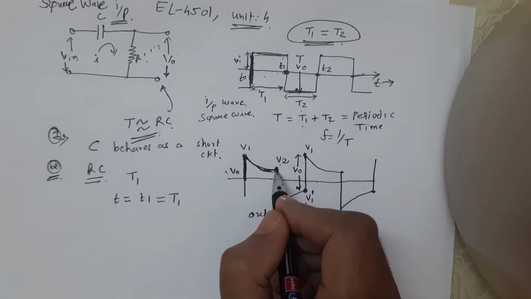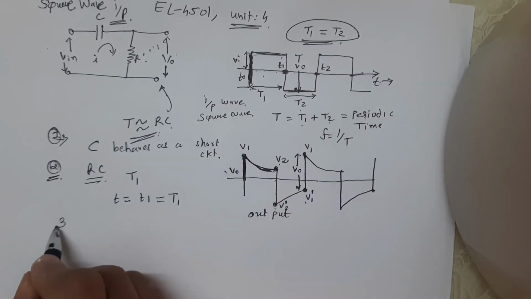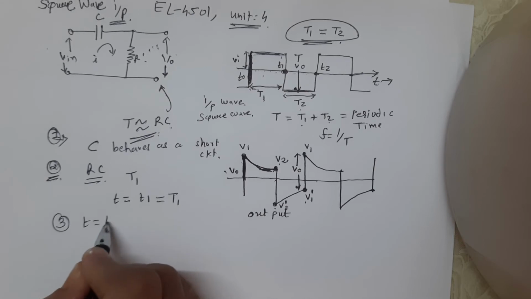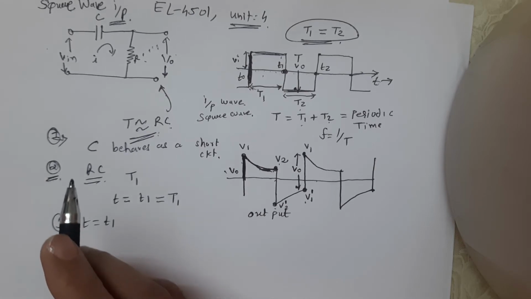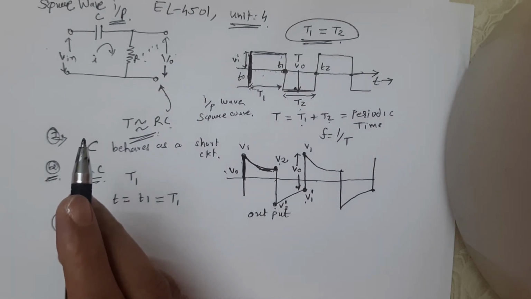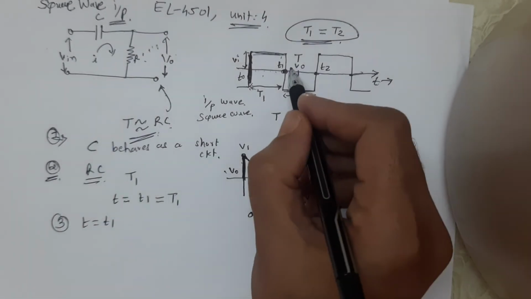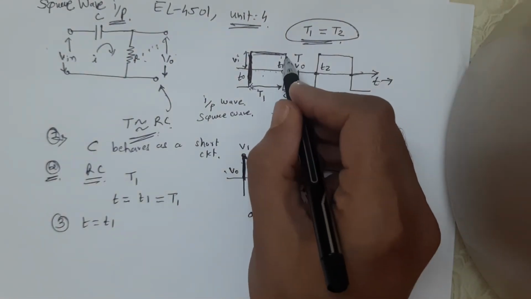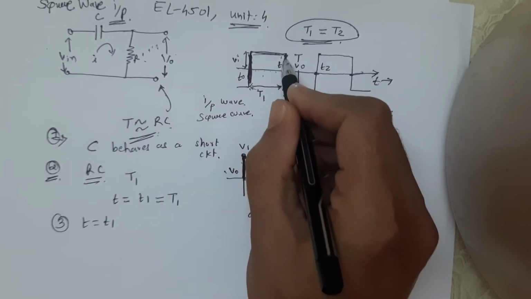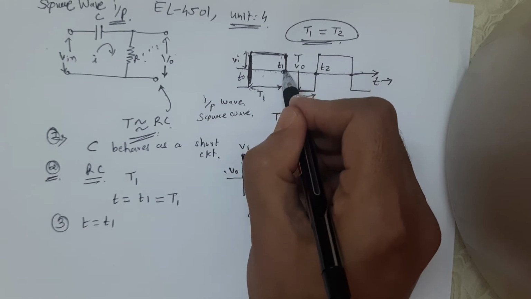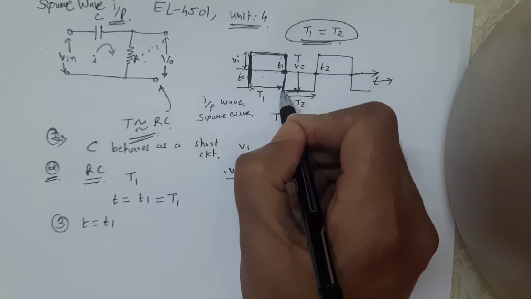Now the third condition. When t is equal to T1, a negative spike voltage equal to V0 appears at the input. See, the input is negative. It is decreasing to 0, then negative, like this.